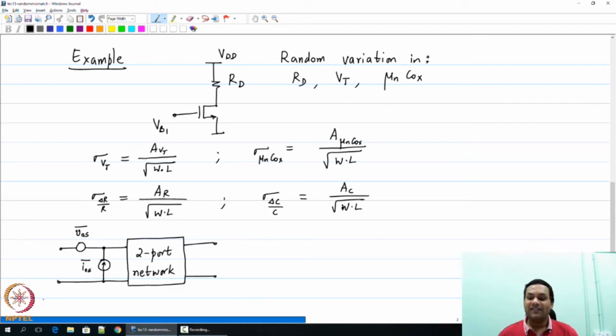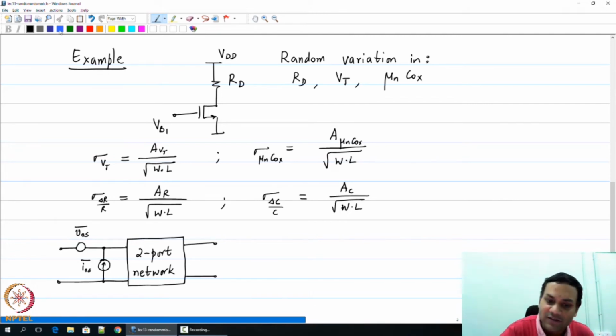Now remember that if I take a particular circuit, it may have a particular value of VOS and IOS. I need to take a large number of circuits. Depending on the variation of threshold voltages, resistances, etc., I will see a particular value of input referred offsets VOS and IOS.